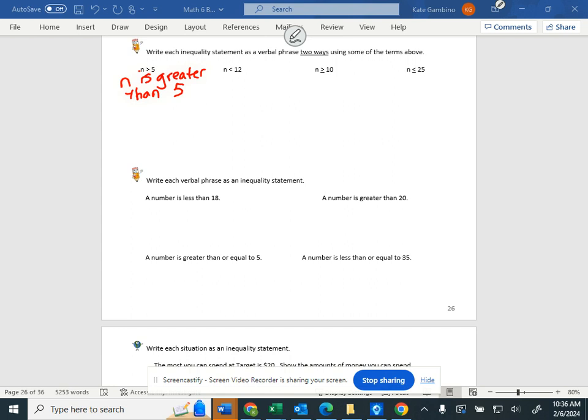So look at the greater than column, and we're going to use words from there. So you're not wrong in saying 5 is less than n, but that's flipping, and I don't want to flip it. So what can I say about n if I'm going to start with n? Using one of those words from the column. N is more than 5.